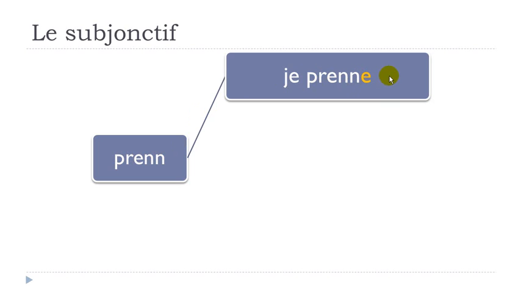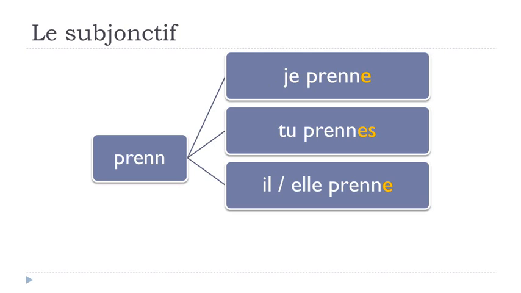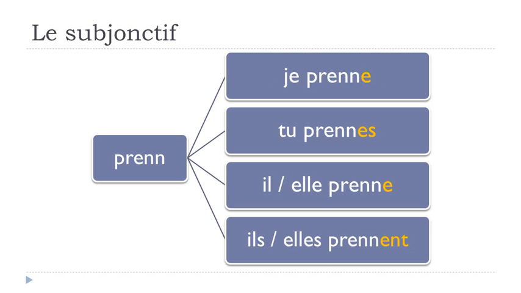The ending for je will be e, okay? The ending for tu will be es. The ending for il, elle will be e, and the ending for ils, elles at the plural form will be ent. If you look carefully, it's not that strange. These endings are quite common, and we've encountered these endings previously. If you think about the present form, then it looks a bit familiar.